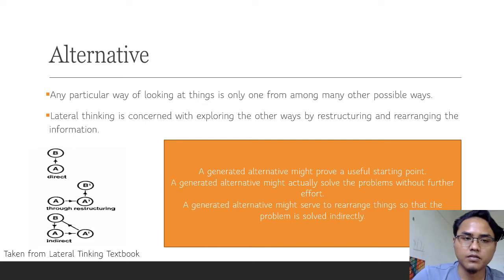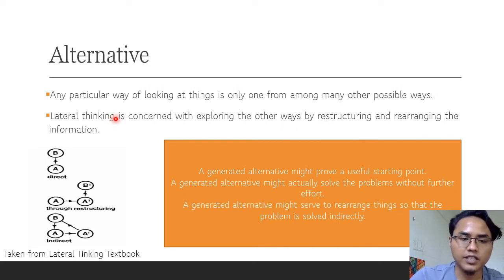Okay, for the technique alternatives, it means that any particular way of looking at things is only one from among many other possible ways. Lateral thinking is concerned with exploring the other ways by restructuring and rearranging the information.